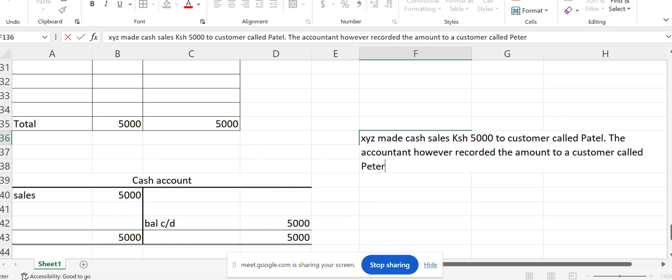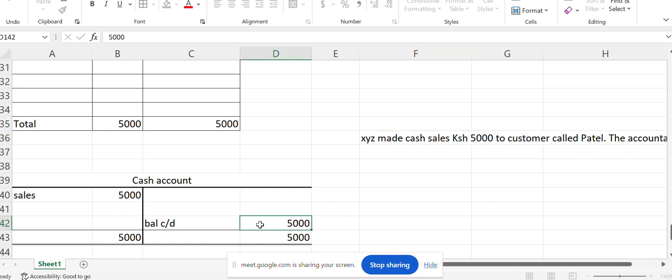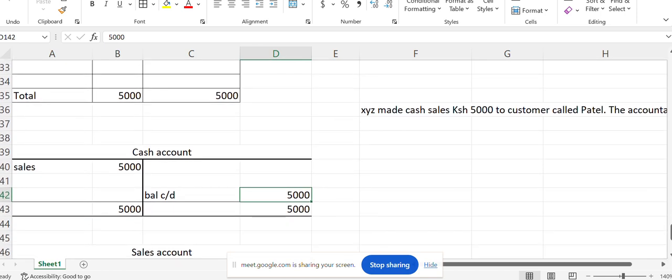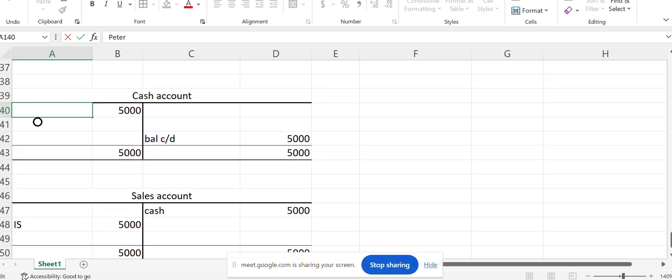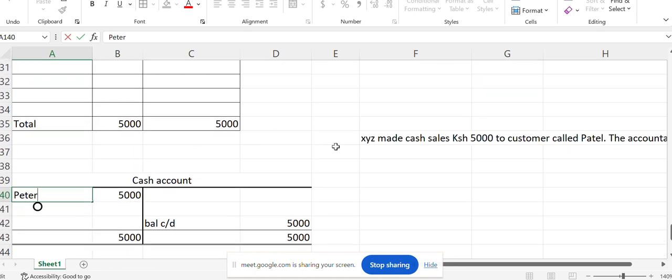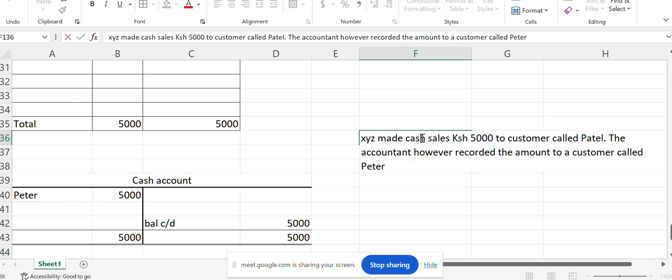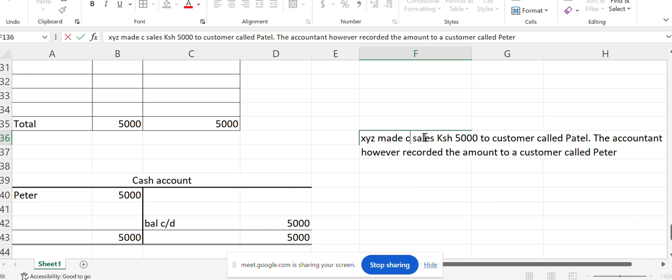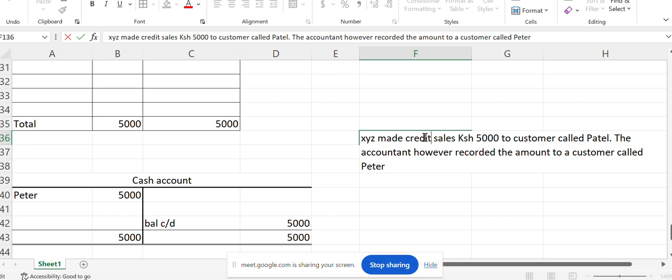Are you together? So it means the accountant initially had recorded the transaction as follows. Of course, we are going to debit cash, but the narration here will be different. We are going to say Peter. And then here, let's just assume that this was made on credit, because on credit is going to make a lot of sense, so that we open the client's account.